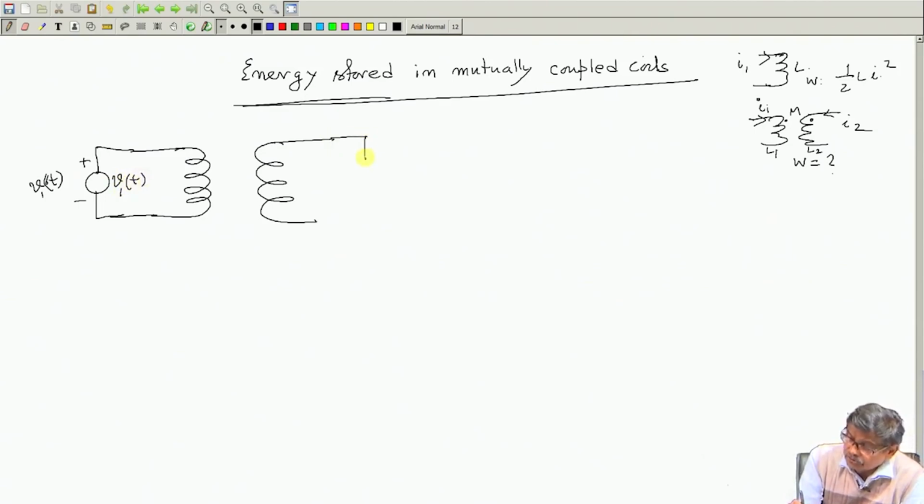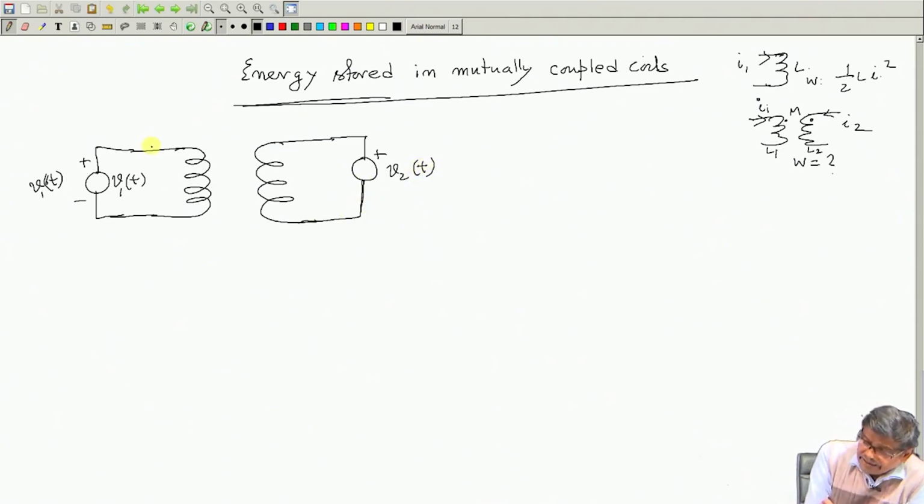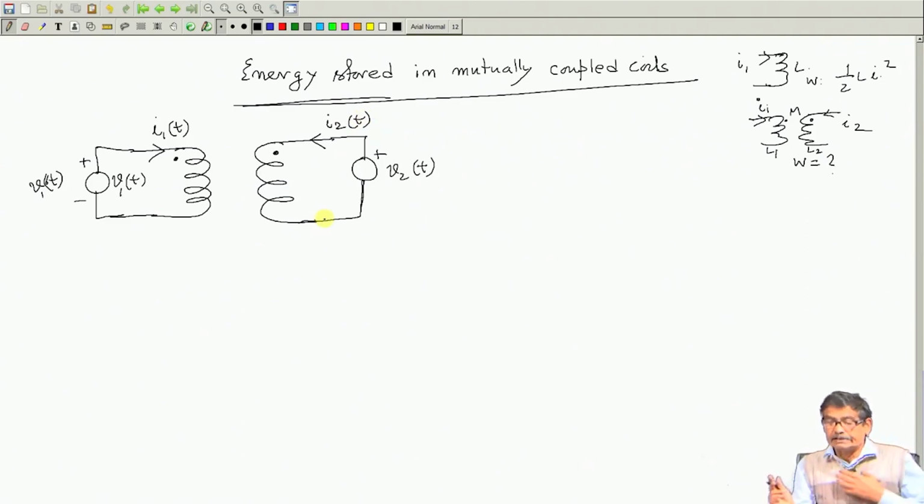And here also I have connected a voltage source V2(t). And the direction of the current I will assume, suppose these two dots are given; without dots you can't proceed. So, I1(t), and the current on the other coil, let it be assumed to be directed in this direction.